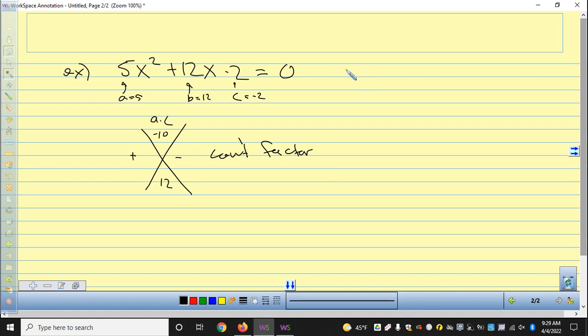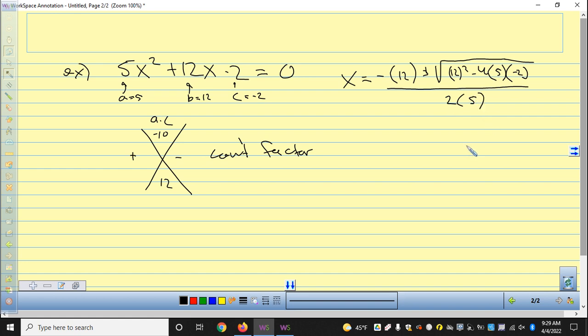So I'm going to plug my numbers in. X equals negative 12 plus or minus the square root of 12 squared minus 4 times 5 times negative 2, all over 2 times 5. So that's going to equal negative 12 plus or minus the square root. 12 squared is 144.